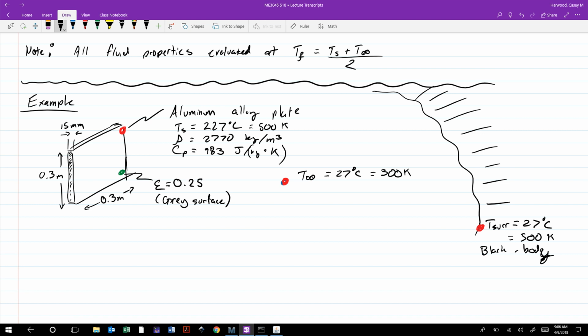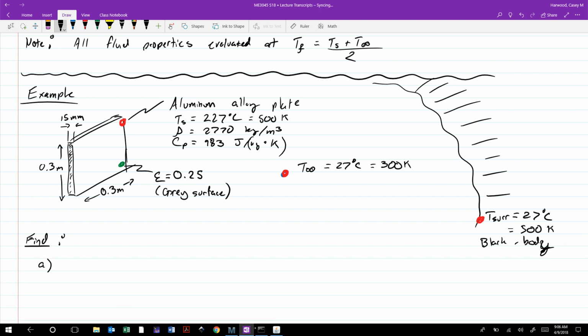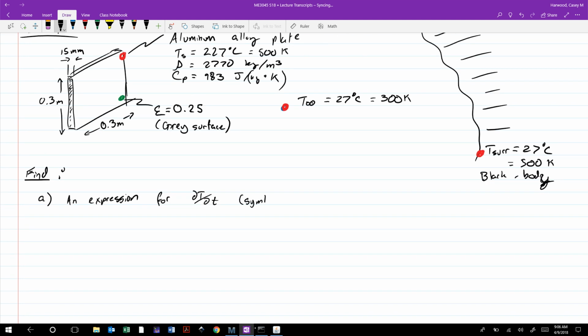So what we're asked to find here, first, is a symbolic expression for dT/dt, and then the value of dT/dt at the instant shown in the sketch.